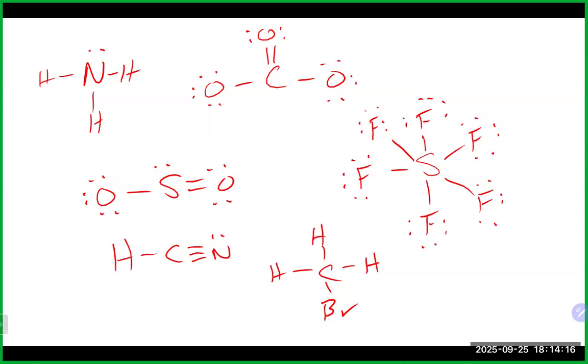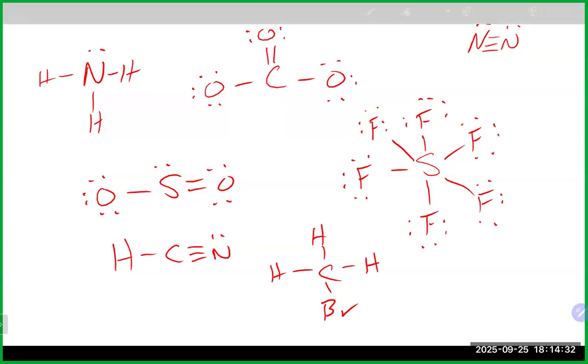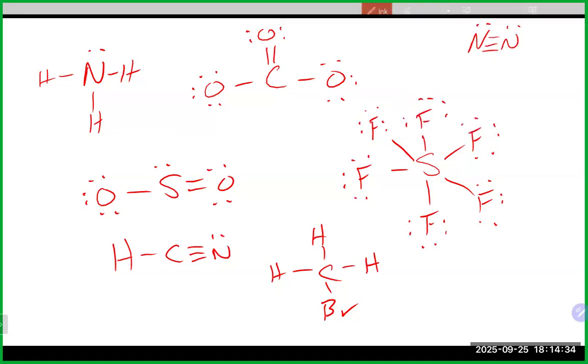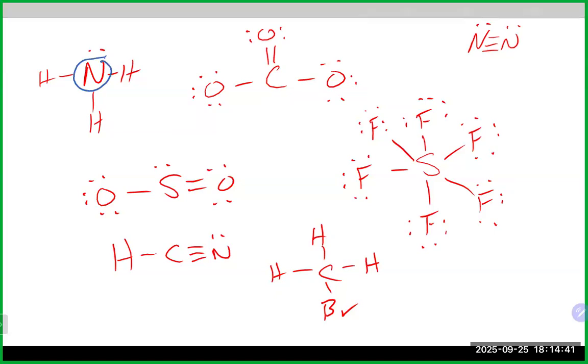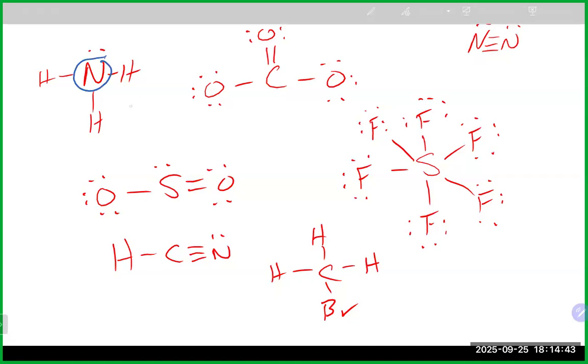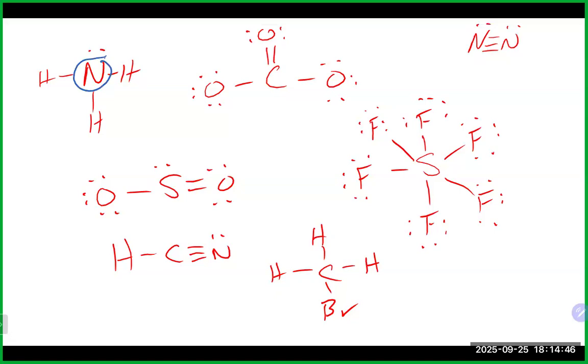All right, so if we wanted to do geometry really quickly here, what we would want to do is take a look at it. Here, I see dots on the central atom. I see everything on the outside is the same. This one should be polar, right?